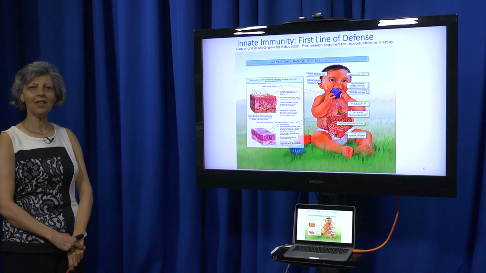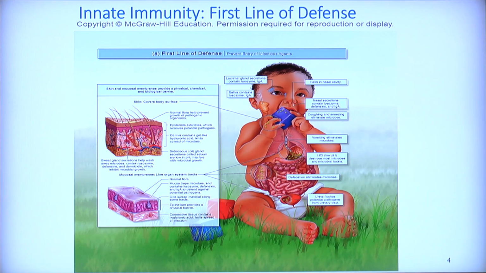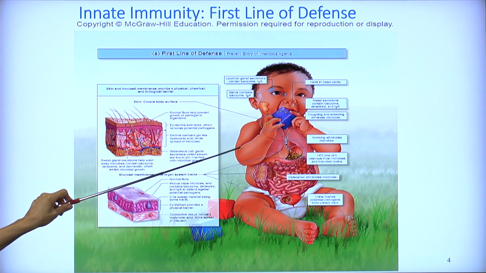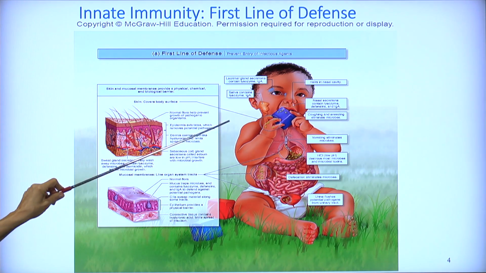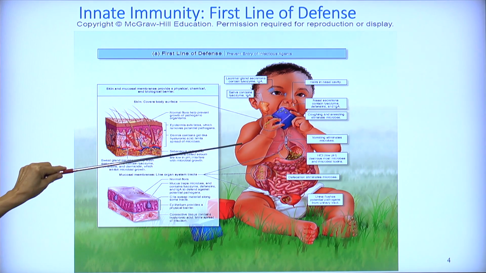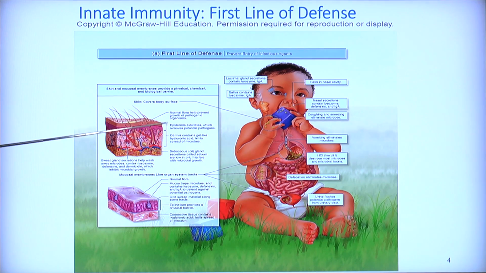This is the first line of defense. So we are looking at a human being here, this little baby. We're going to look at the membrane. So when we look at the intact skin, it is a physical barrier against entry of microorganisms. Many other things in the skin, the secretions formed by the skin, the sweat, the sebaceous secretions.